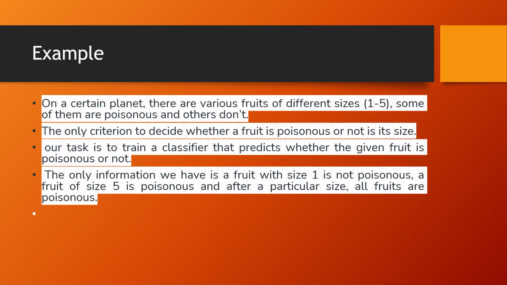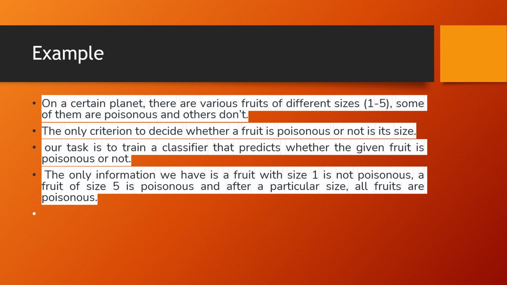Example: on a certain planet, there are various fruits of different sizes, 1 to 5. Some of them are poisonous and others aren't. How exactly will we classify? The only criterion to decide whether the fruit is poisonous or not is its size. Our task is to train a classifier that predicts whether the given fruit is poisonous or not.